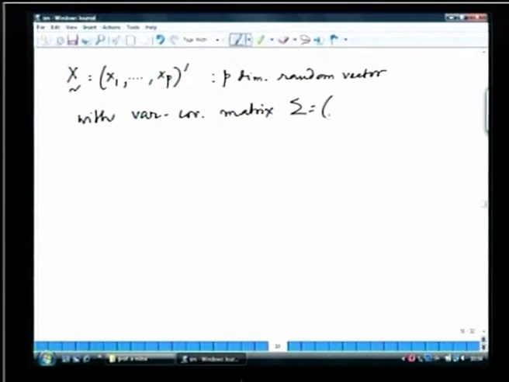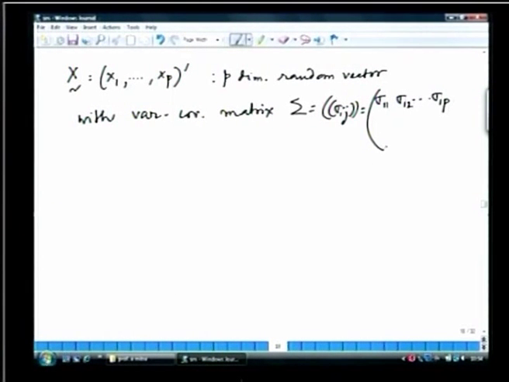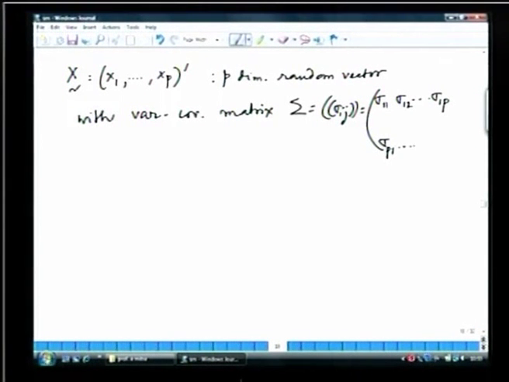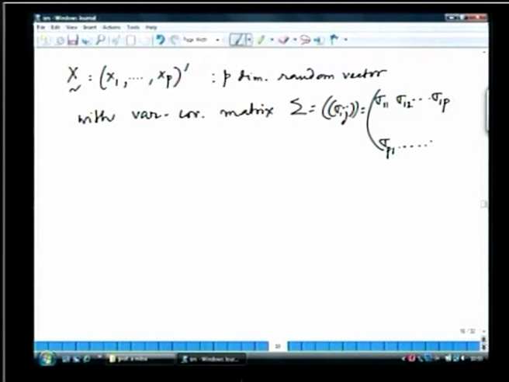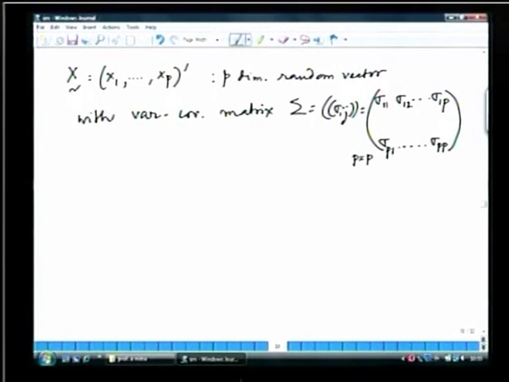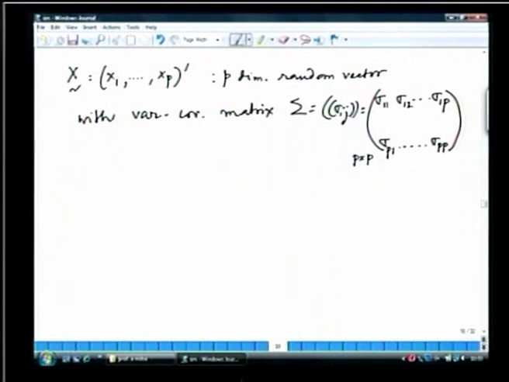A very general sigma, elements are sigma ij, and we prefer to write it as sigma 1,1, sigma 1,2 to sigma 1p, and this is a symmetric matrix, which means basically sigma ij is equal to sigma ji. So that's a p by p square matrix, and we assume positive definiteness of this matrix.